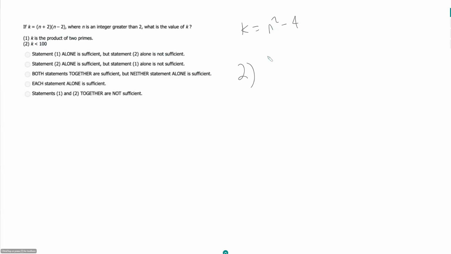If n is equal to 6, we have 6 squared minus 4, which is 32. That's less than 100, so that works. And if n is equal to 7, we would have 7 squared minus 4, so 49 minus 4, so k could also be equal to 45. Insufficient.